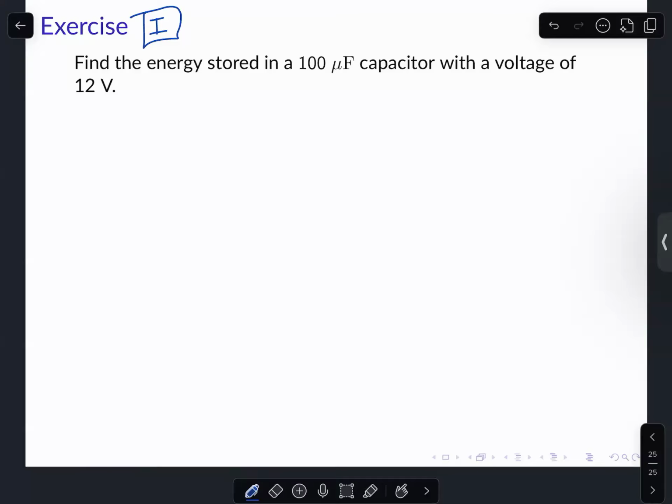What's a micro? Micro, millionth, 10 to the minus 6.